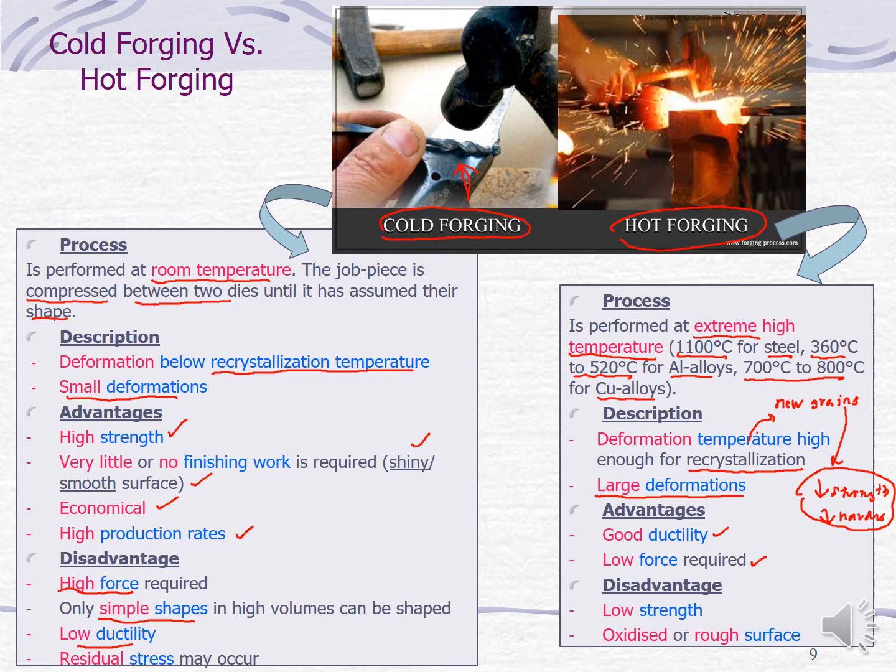For the hot forging, the disadvantages are low strength and an oxidized or rough surface, because from the heating process, it will form an oxide layer on the surface of the metal products.